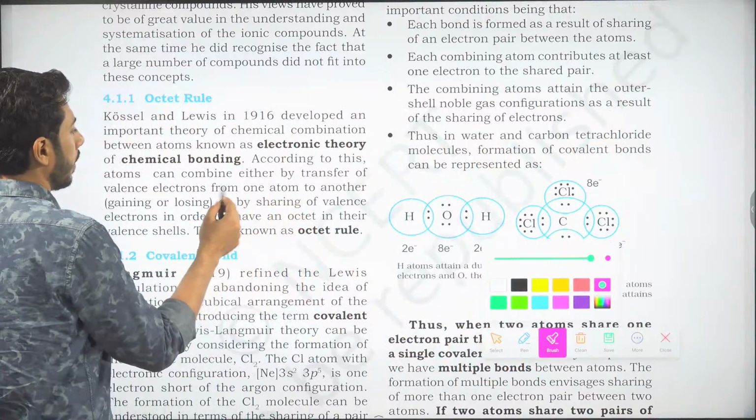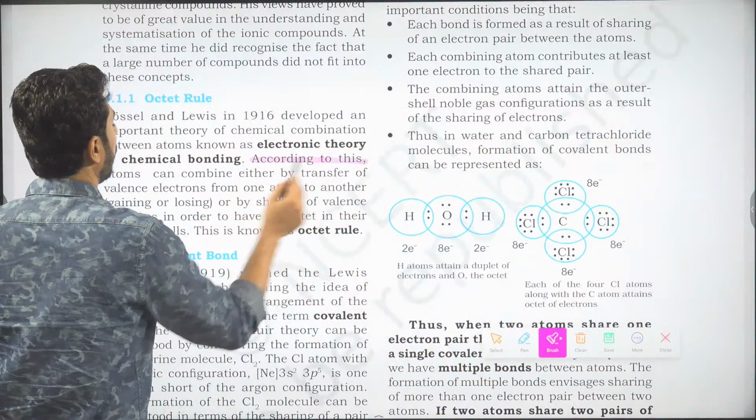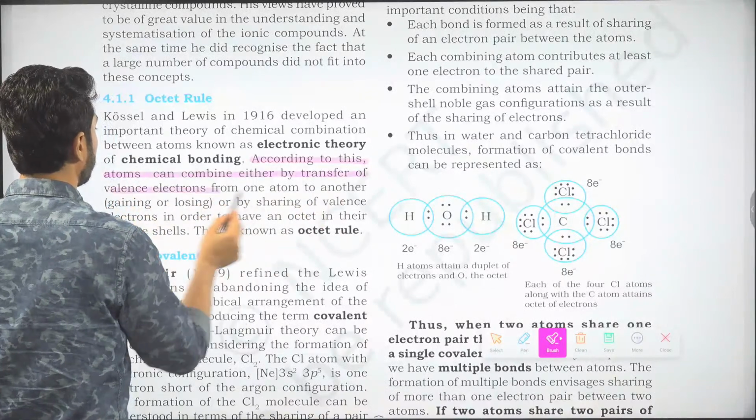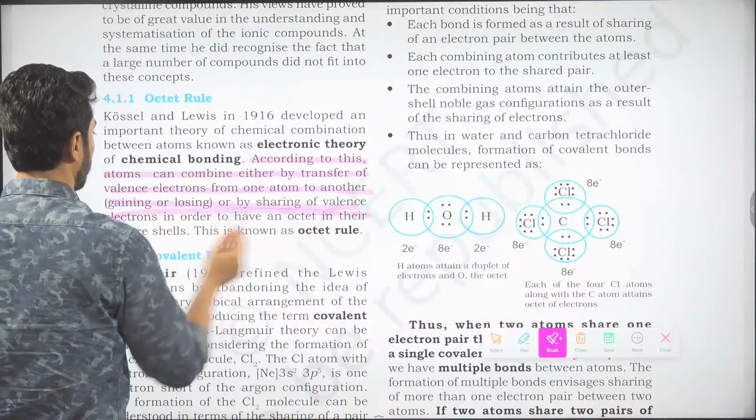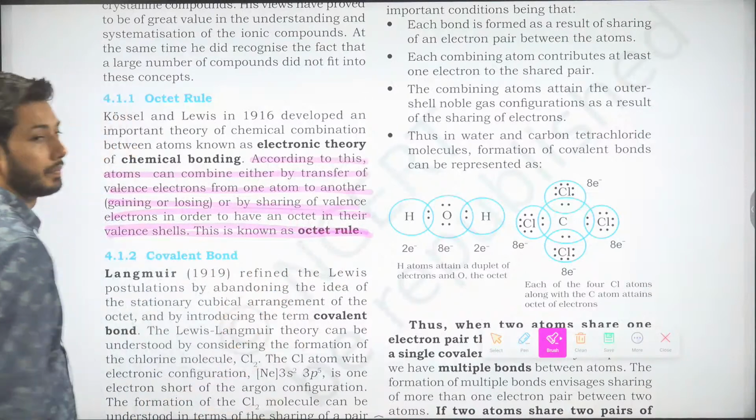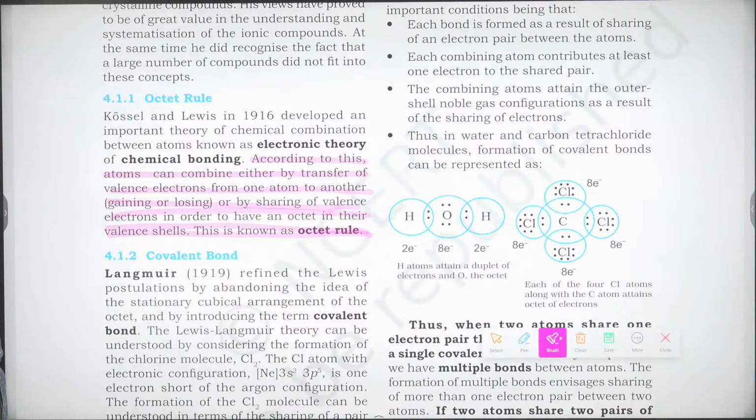From here you can underline the octet rule up to this part. Done.